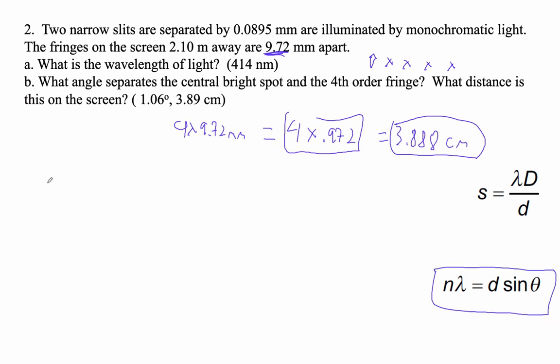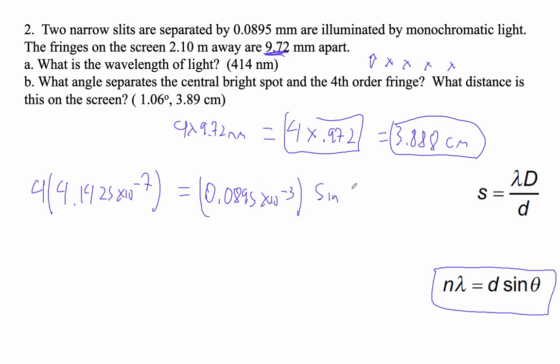So let's do it this way. N lambda, so 4 times lambda, 4 times 4.1425 times 10 to the minus 7th meters, is equal to 0.0895 times 10 to the minus 3rd times the sine of the angle. So the angle is going to be the inverse sine of this divided by this.